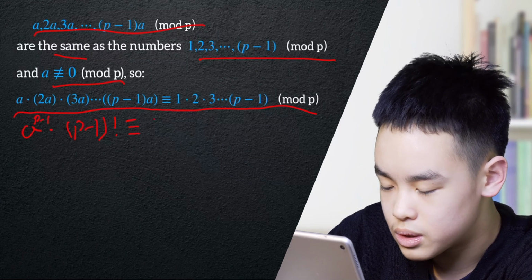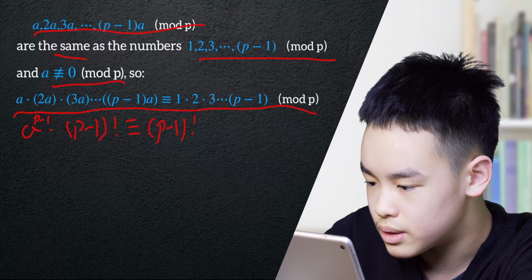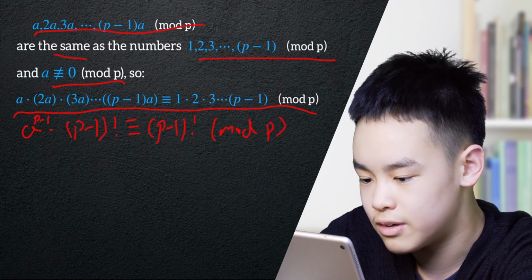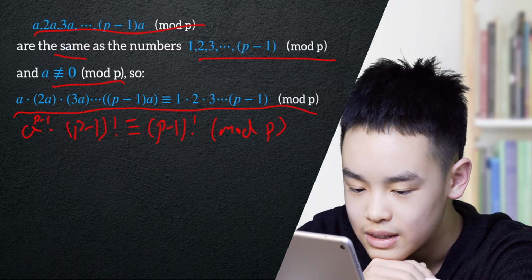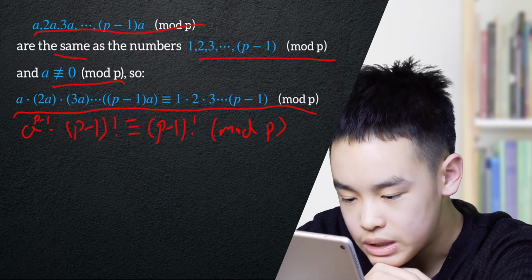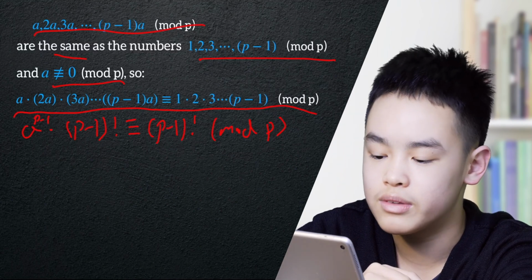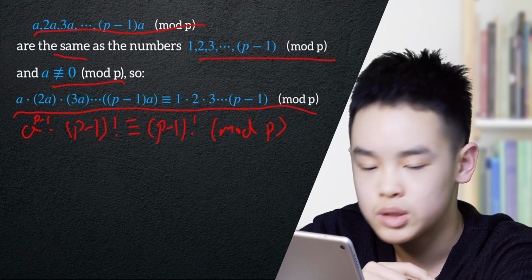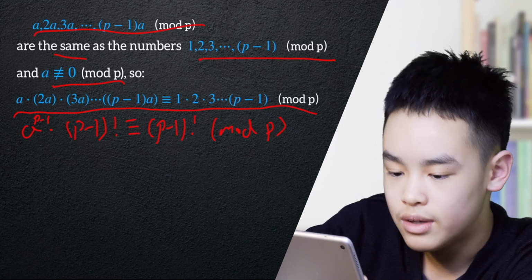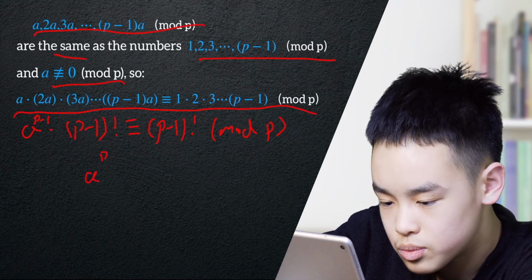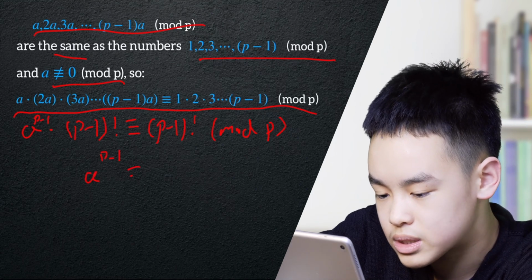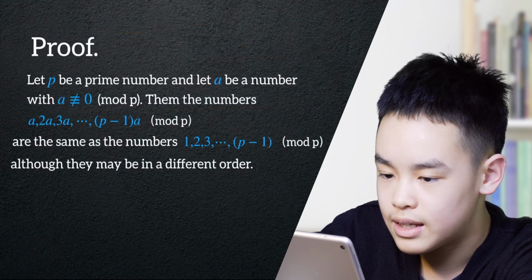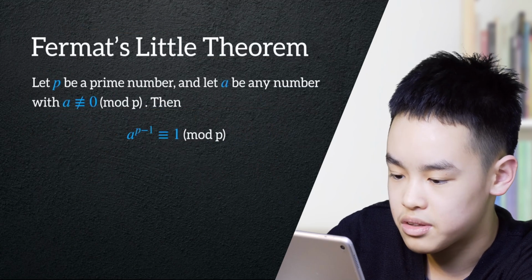So this is congruent to p minus 1 factorial modulo p, and my brain had finally worked out what exclamation mark is called. And we know that p minus 1 factorial is relatively prime to p, so we can divide out p minus 1 factorial, and we have a to the p minus 1 power is congruent to 1 modulo p, and it is the same as Fermat's little theorem.